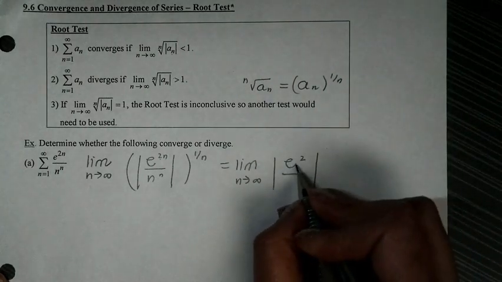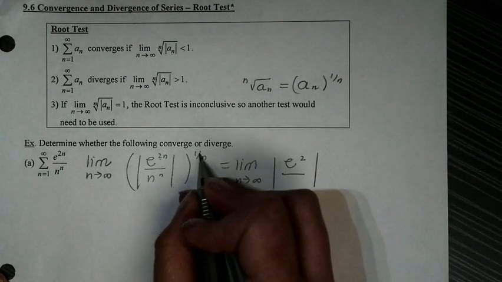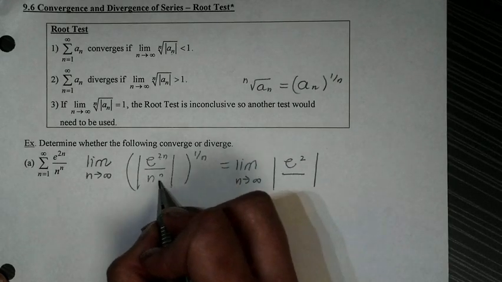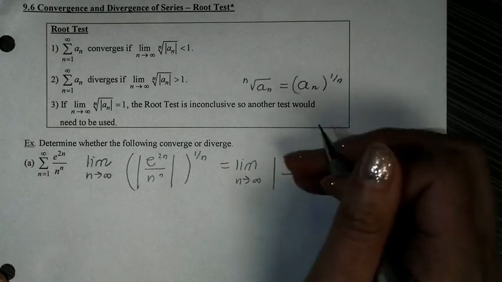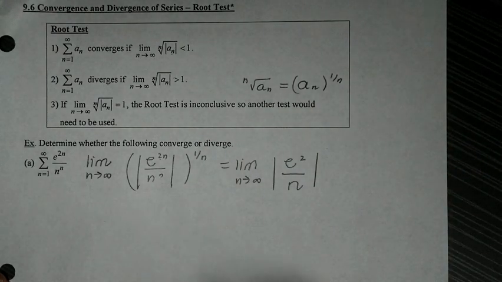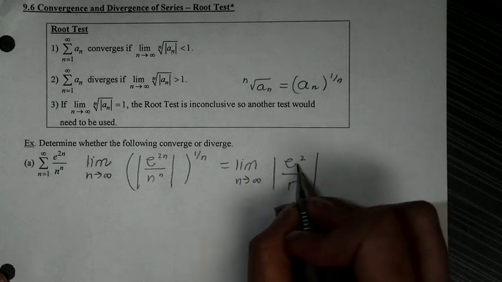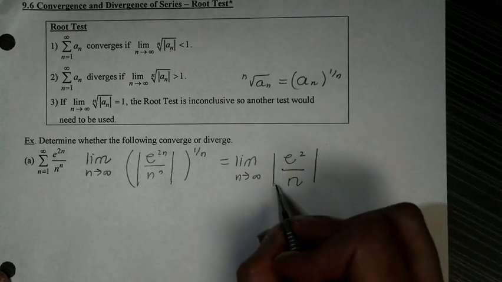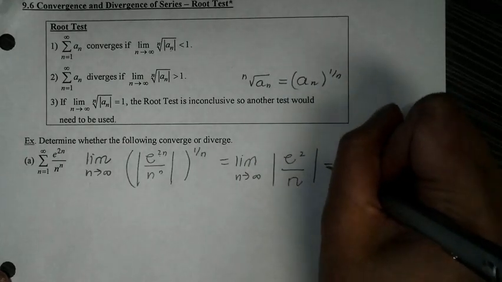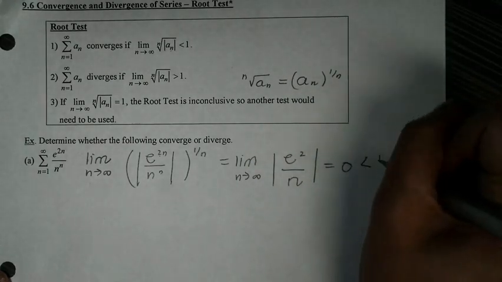And then, 1 over n times this n, you're going to have just n. So e squared is a constant, divided by, technically speaking, infinity. So you know this is going to be 0, which is less than 1.